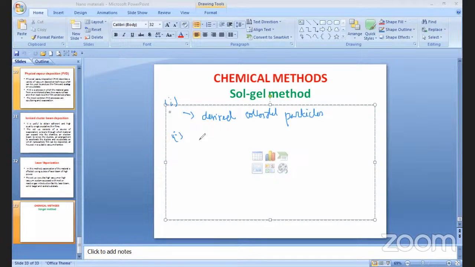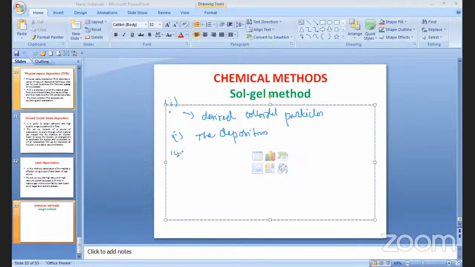The deposition of the sol solution produces a coating on the substrate.